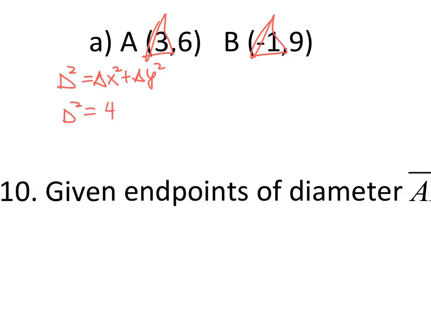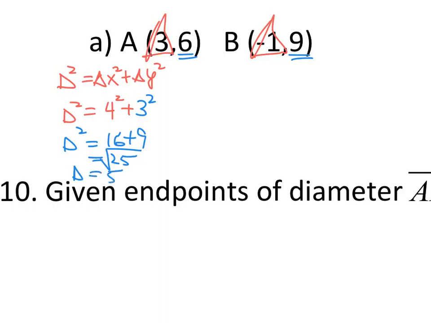So whether it goes up or down, it doesn't matter for the distance. Then the change in y values go from 6 to 9, so that changes by 3. So the distance squared is 16 plus 9, which is 25. Square rooted, that distance is 5.